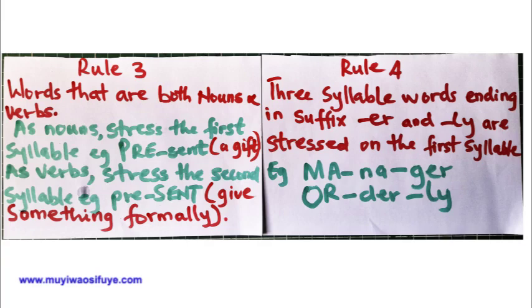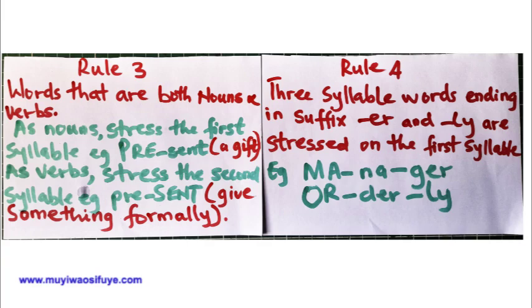present. You can see that the stressed syllable is the first syllable because it's written in capital letters. And present is a gift. And if that word acts as a verb, you stress the second syllable. I've used the same word, but where the stress falls will determine whether it's a verb or a noun.